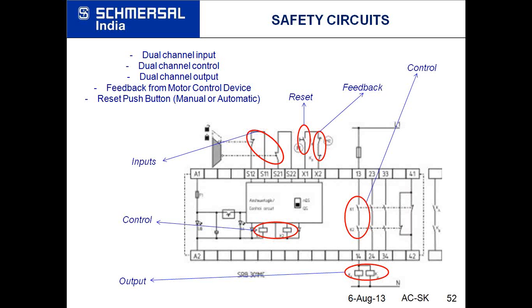So these are the basic parameters as far as a safety circuit is concerned. We should have a dual channel input, a dual channel control, a dual channel output, a feedback from the motor control device, and a reset functionality. If we have these 5 parameters in a safety circuit, our safety circuit can be called fail-safe.